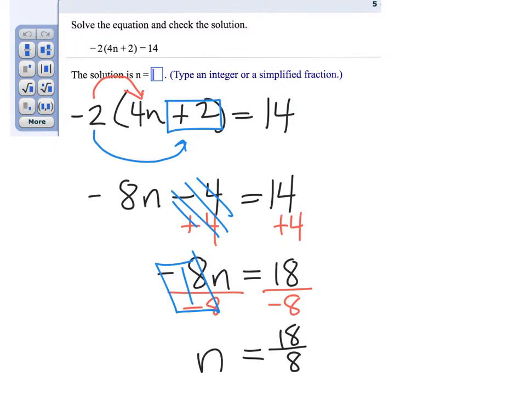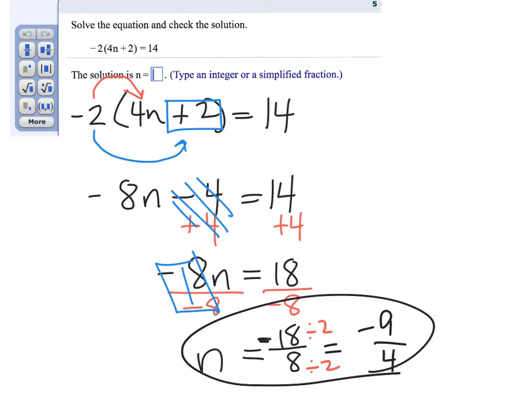Now that negative sign, it seems arbitrary, but we're allowed to move it to the top. In fact, it's kind of traditional that you put it to the top. And so that's equal to negative 9 over 4, because I simplified it. I divided both the numerator by 2 and the denominator by 2, and so that's how I got n is equal to negative 9 fourths is what I would put right there.